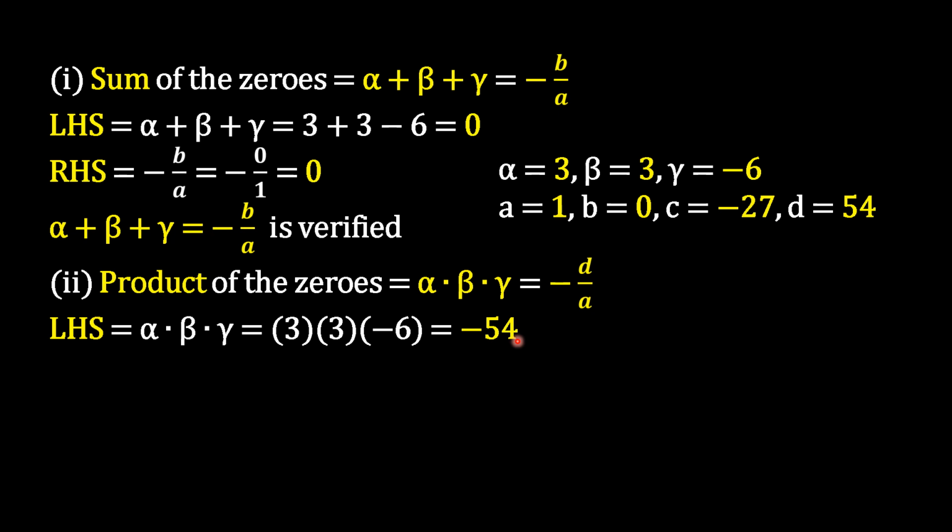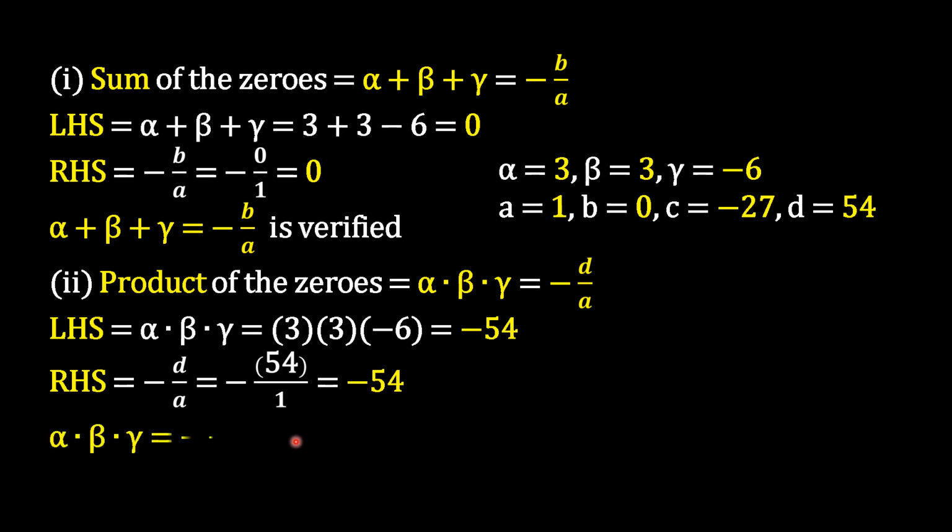We will write the RHS as minus d upon a, where d is 54 and a is 1. This gives us RHS equals minus 54. Since both LHS and RHS are equal, we say that the relationship alpha beta gamma equals minus d upon a is verified.